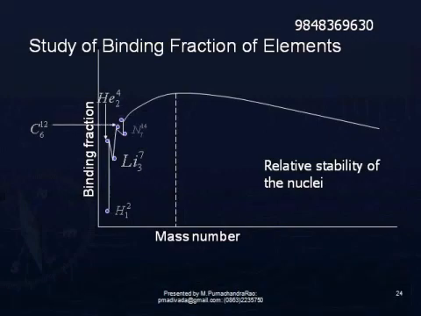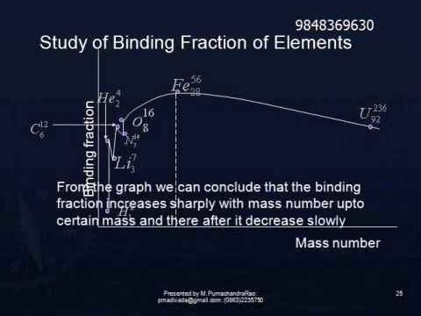When we draw a curve for all the natural elements, we get a curve of the shape shown in the figure. Notice the graph. It starts with the 1H2 isotope of hydrogen, and helium, lithium, carbon, nitrogen, oxygen, iron, uranium are placed at their relative positions.